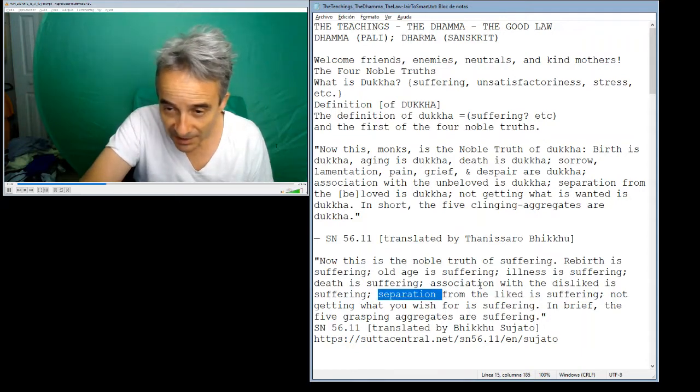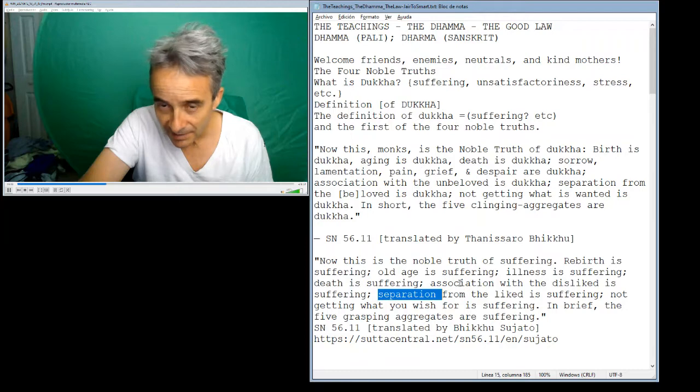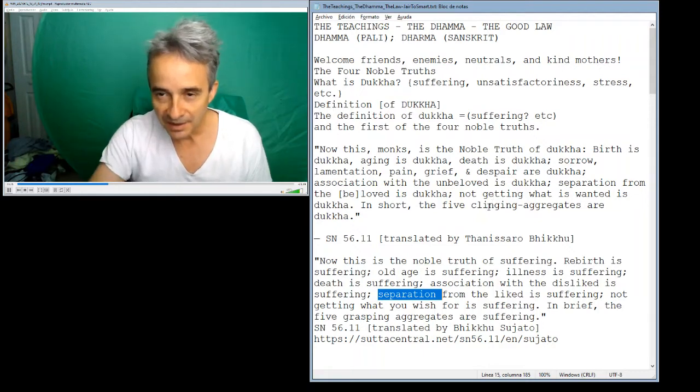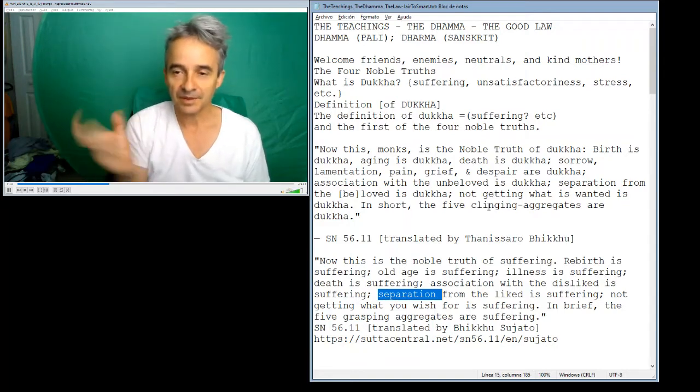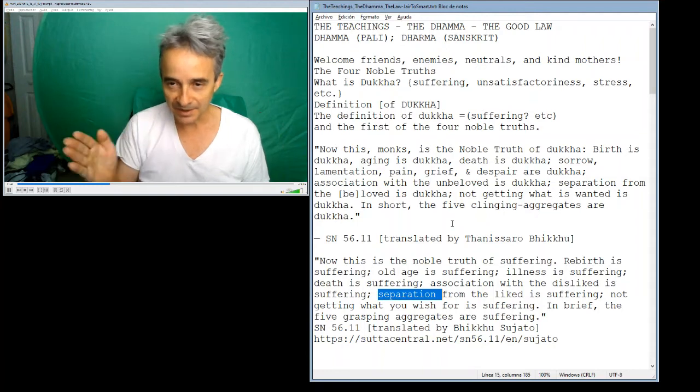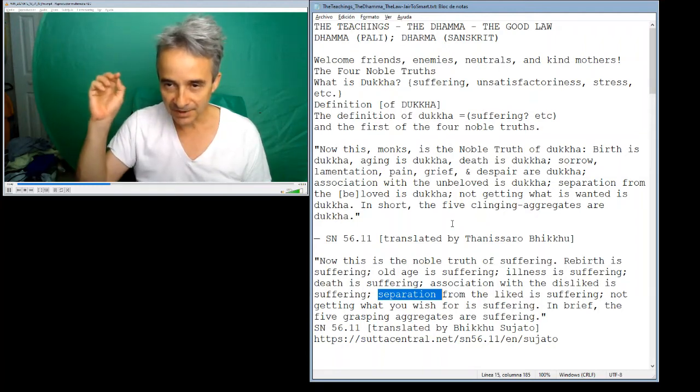So another thing I noticed that's different is the first one. The Ṭhānissaro Bhikkhu version combines them together, eliminates "dukkha is dukkha." It combines 1, 2, 3, 4, 5. It brings them together like it's a set of items, and then he finishes off with "are suffering."